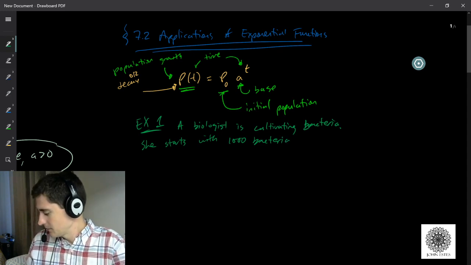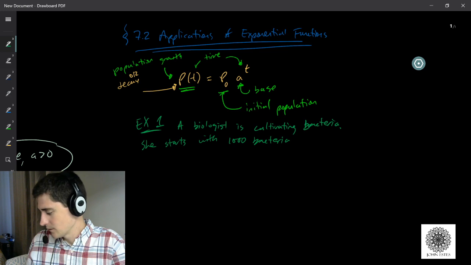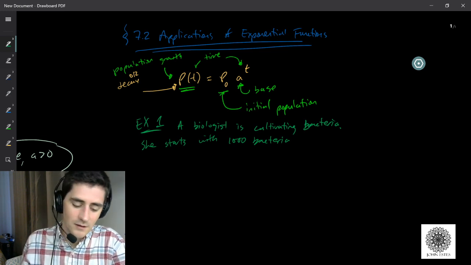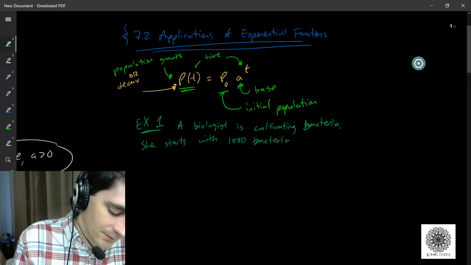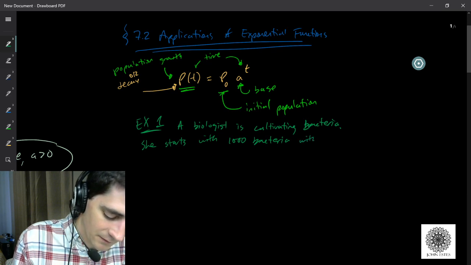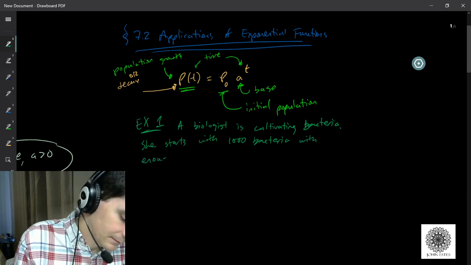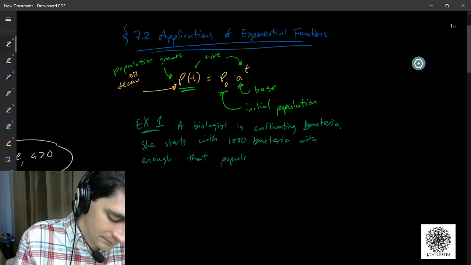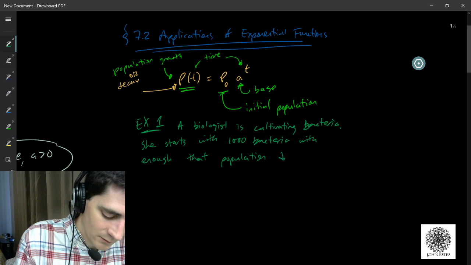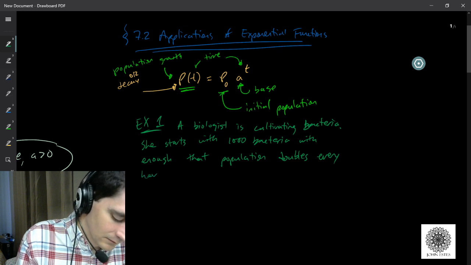She's going to give it enough food so that for the first 5 hours, it grows exponentially, doubling every hour. We'll say with enough food source that the population doubles every hour for the first 5 hours.